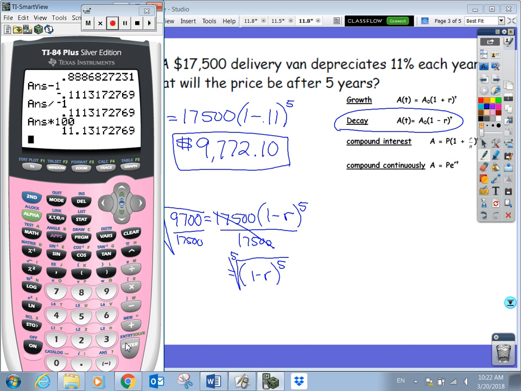Okay, so I just worked that problem with something else missing. The original problem asked for the final cost. The problem I made up right here was looking for the rate, where I changed this number a little bit, 9,700 from 9,772. So we got about the same rate. Okay, so I've found some people don't know how to use that button. I just want to make sure you know how to use that button on your calculator.